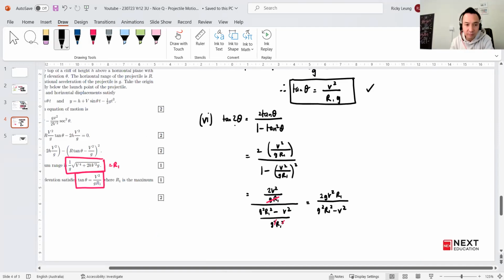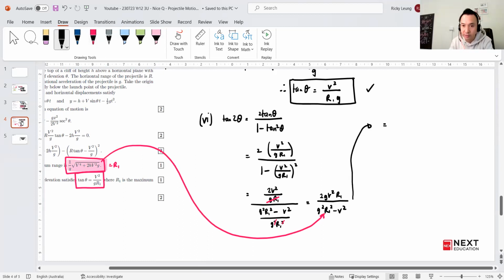Now, right now, that doesn't really look like that yet. So it feels like I can use this to sub into the bottom. So let's sub that into there and see where that takes me. That equals 2g v squared R1 all over g squared.